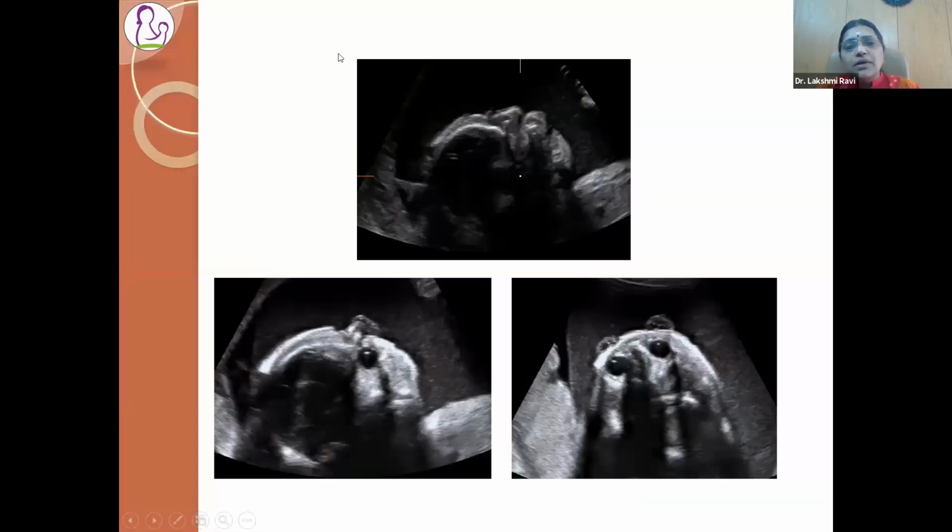When you do a mid-sagittal profile of the face, you understand that this looks like a very dysmorphic face. And then when you look at the orbits and the eyelids, you see there is something which is obviously not normal here. Probably you have an ectropion here. Look at the amniotic fluid. It has a lot of internal echoes in this image.